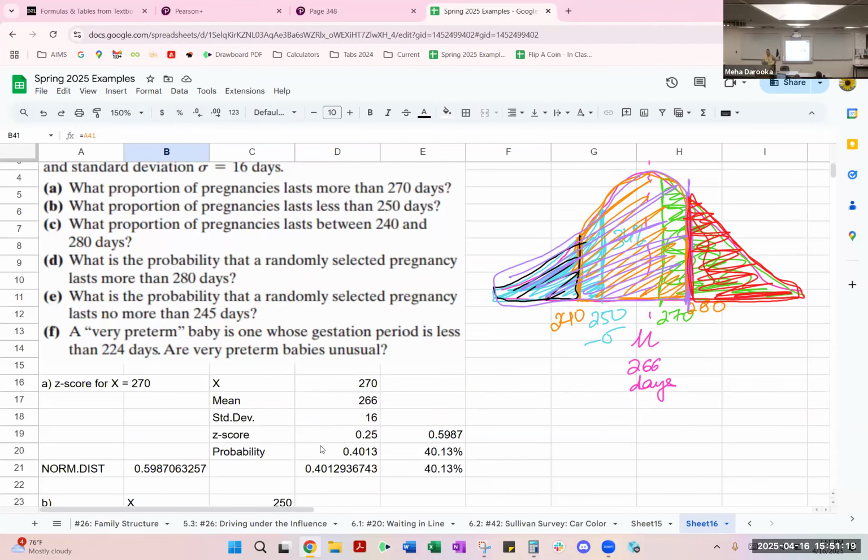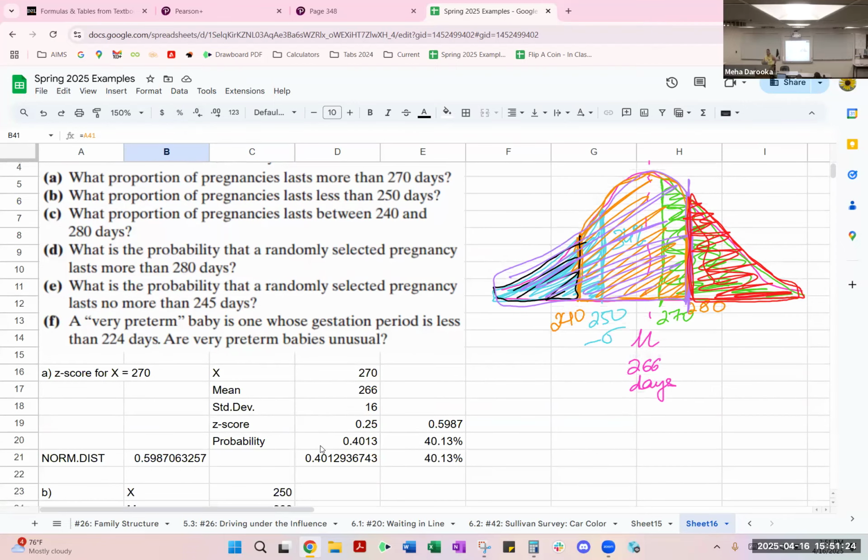Okay, so now they're asking you, and this is part E, what is the probability that a randomly selected pregnancy lasts no more than 245 days? How do we describe no more than?